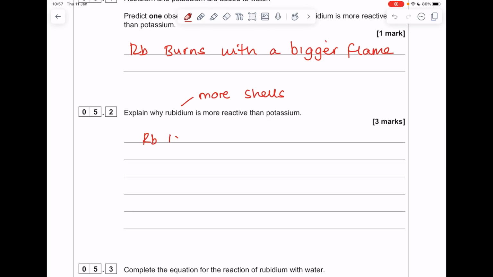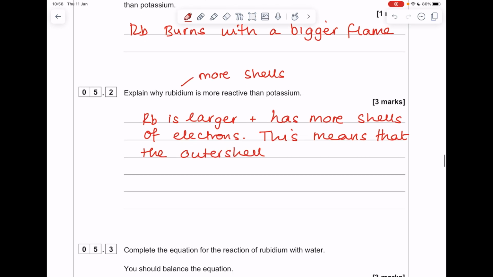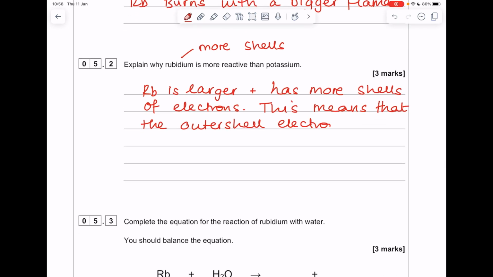So rubidium is larger and has more shells of electrons. This means that the outer shell electron is further from the nucleus and is less tightly attracted.